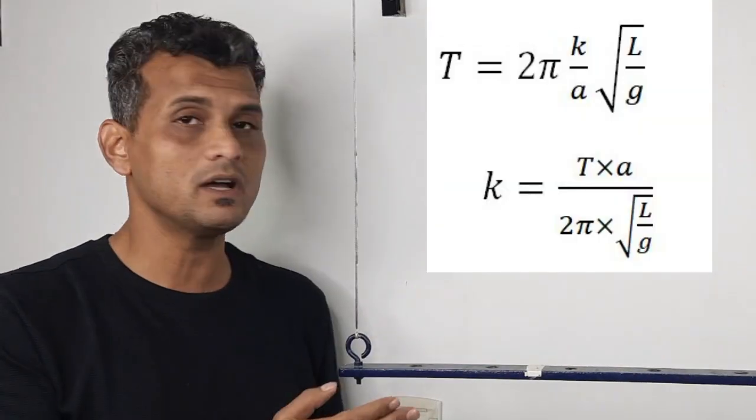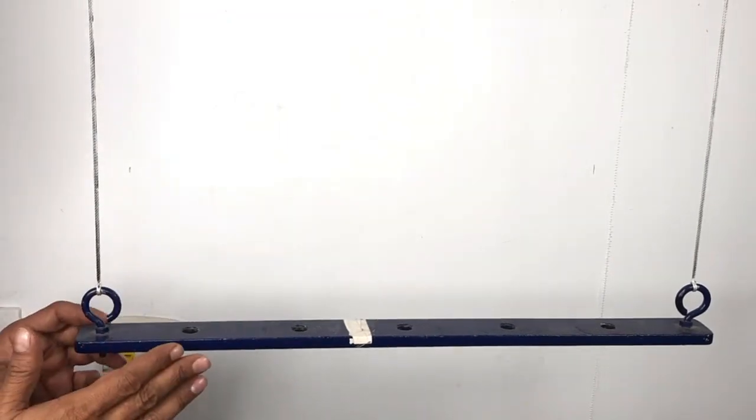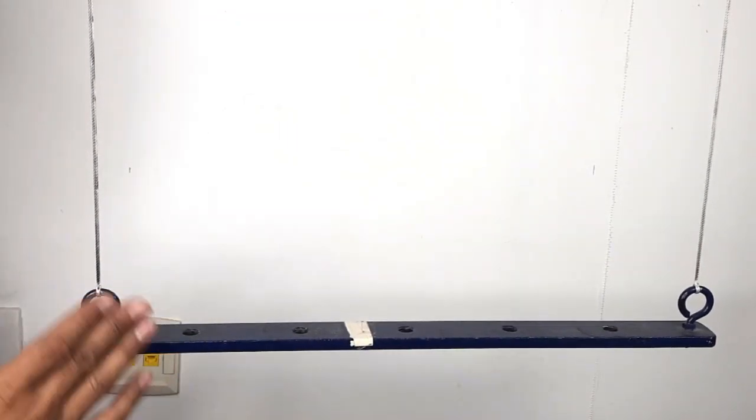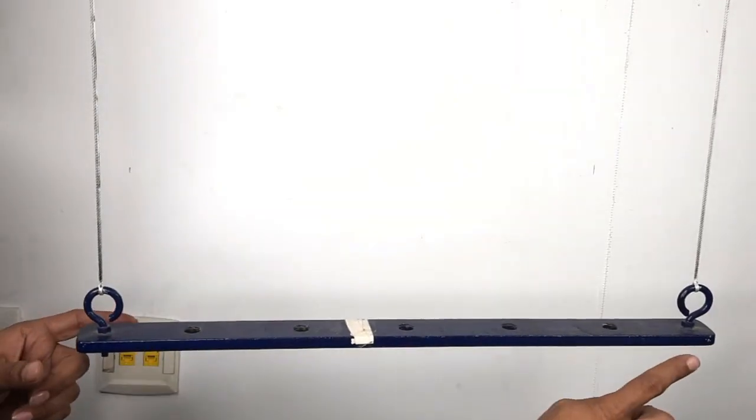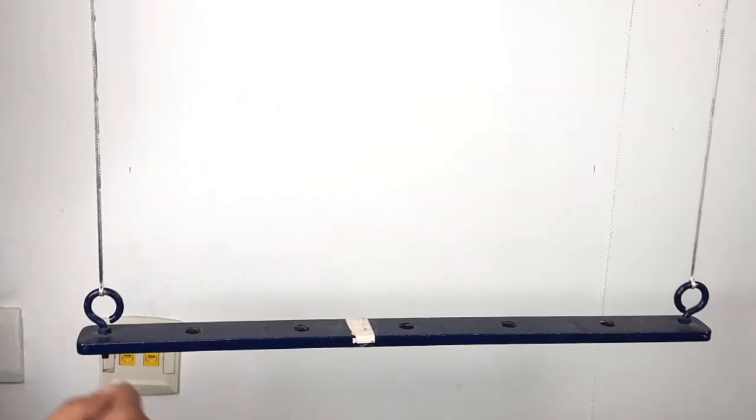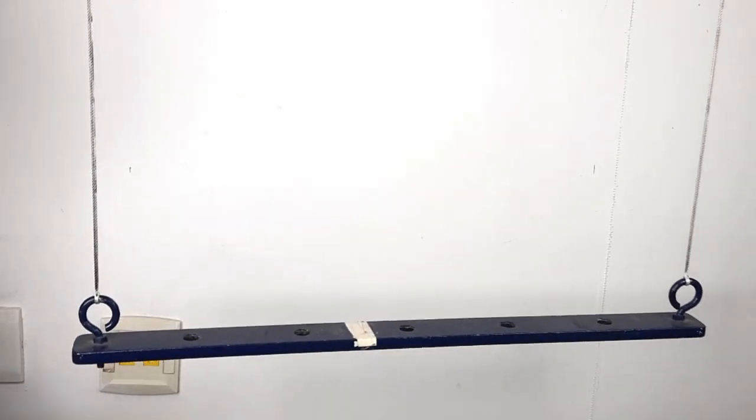So let's start our experiment and try to find the radius of gyration and the moment of inertia of this connecting rod. I am also going to find the moment of inertia of this circular peg, provided the masses of these two systems are available, because our experiment gives us the radius of gyration. So this is my parent system. My first job is to find the radius of gyration of this bar, and for that I am going to give a gentle rotation and measure the time period of oscillation.